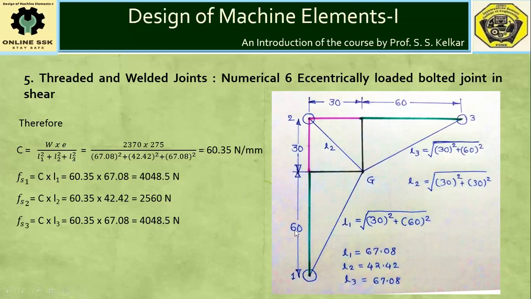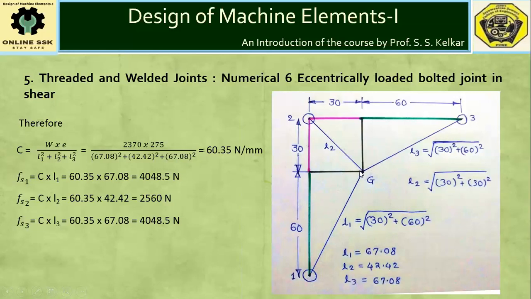This adjacent side has a value of 60. So this hypotenuse will be equal to the root of 30 square plus 60 square. So its value will be 67.08.